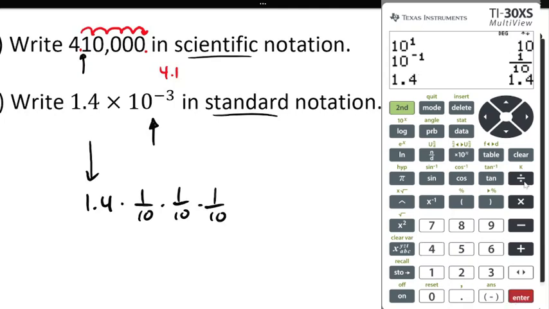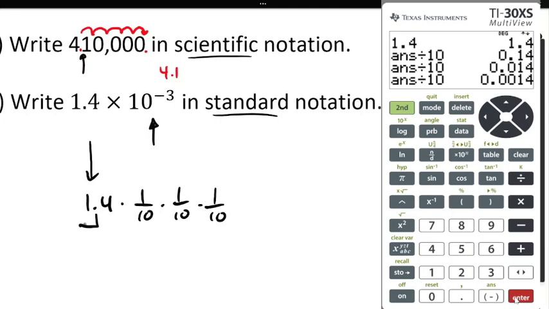And I'm just going to say, oh, let's go ahead and divide that by the number 10 3 times, because it was to the negative third. 1, 2, 3. And there we go. So if you look at it, all I'm doing is moving my decimal place 3 places this way. So my answer then is 0.0014.